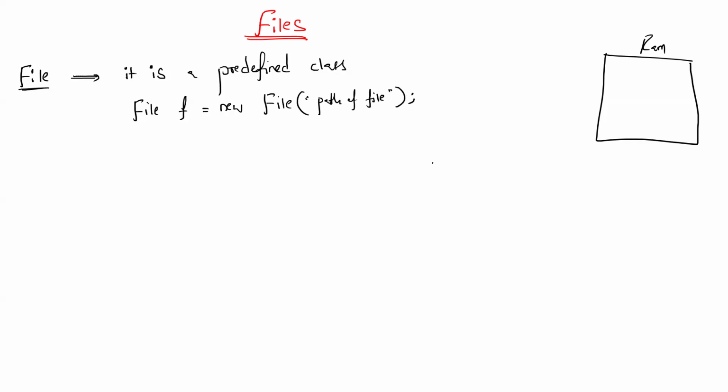This is object creation. Whenever we create this object, F in memory will refer to that location. But the File class doesn't bother whether the file is there or not. It has no capacity to check that. Blindly it will just point to that location. That's the purpose of the File class.